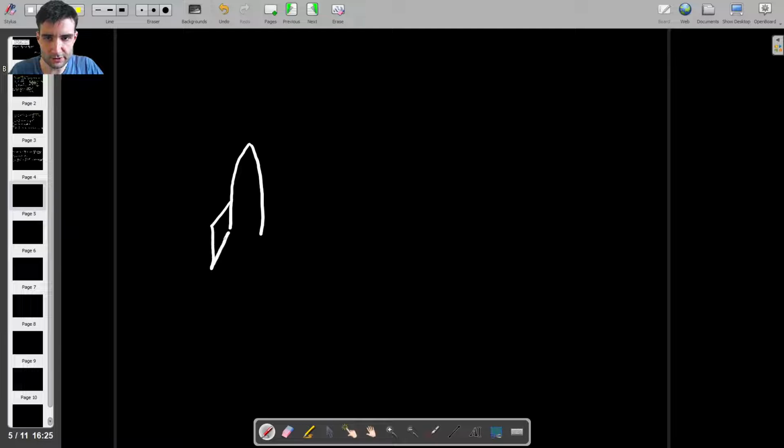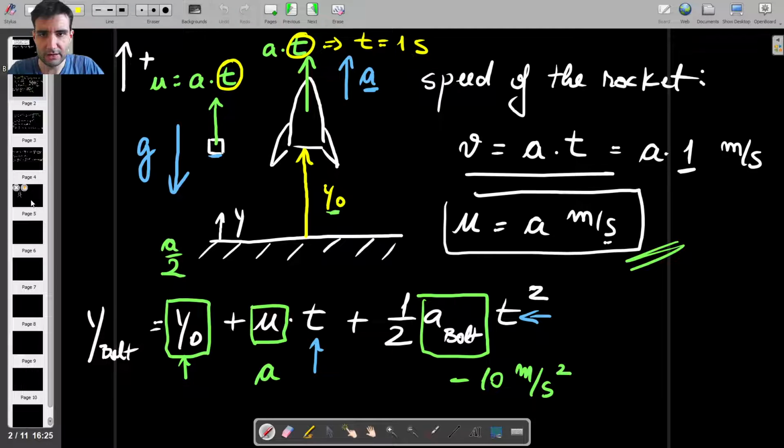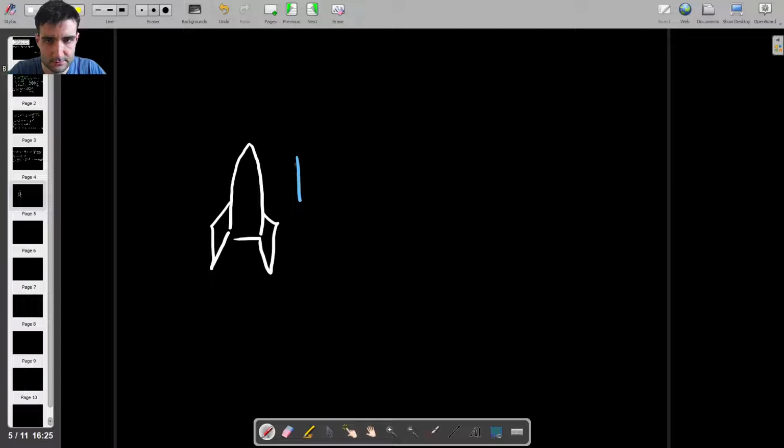So this is the rocket, and this is just before it runs out of fuel. So just before it runs out of fuel, we have an acceleration of 8 meters per second squared. So as long as this acceleration is here, the velocity will keep increasing. But the moment this acceleration disappears, that means the fuel is gone.